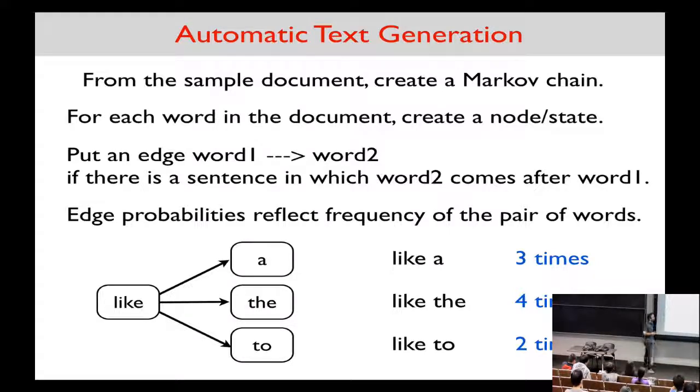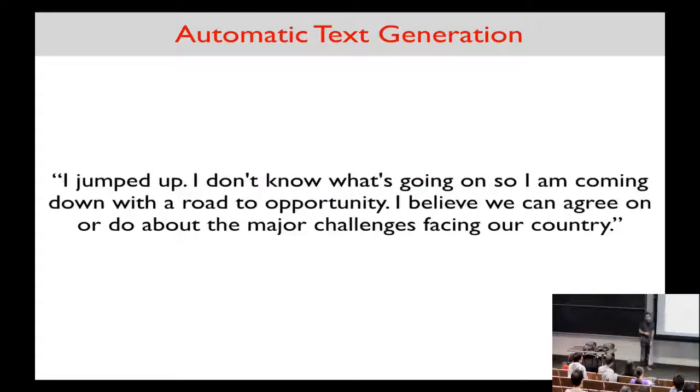And I observe that "a" appears 3 times, "de" appears 4 times, and "to" appears 2 times. So the probabilities are going to be 3/9, 4/9, and 2/9. And then that's just your Markov chain, and I actually did implement this. I wrote the program, and I got a bunch of Obama speeches, and here's one thing that automatically came out.